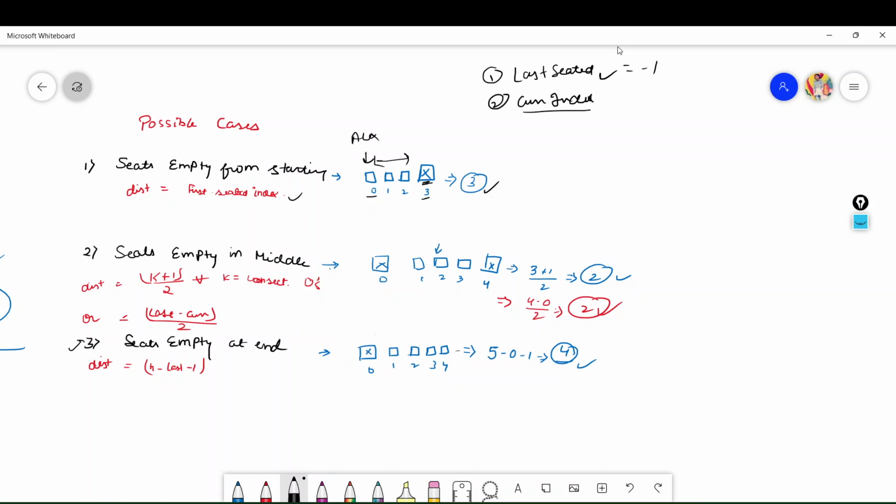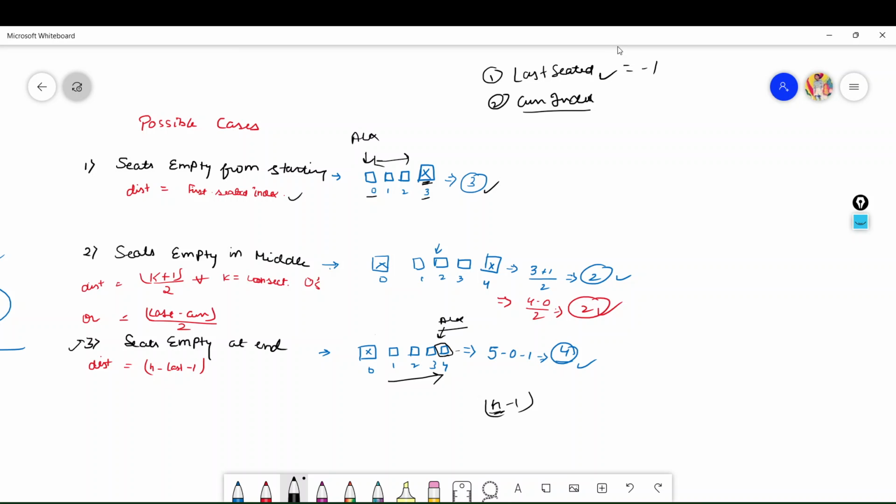Let's now first of all look at the third case, and then we will discuss the middle case. The third case would obviously be that suppose some person is sitting at the start and the end indexes are free, right? Obviously Alex will enjoy the maximum distance when he will sit at the last index. And to get this maximum distance, we simply have to return the distance between them. So the last index position would always be n-1, because n is the total size of this array, and the array is 0-based index.